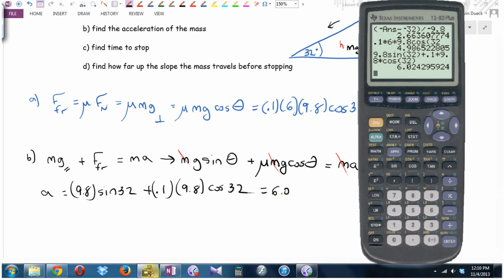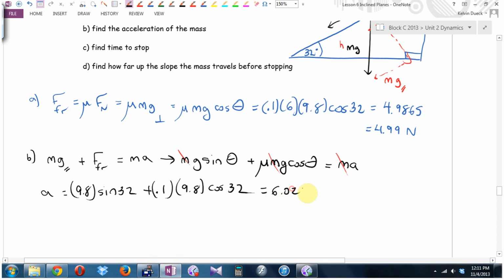Which really is 6.02 meters per second squared. Is that right? Anybody else? Yeah? Okay. There you go. Oh, we're not done yet. Alex, what does part C want me to find?